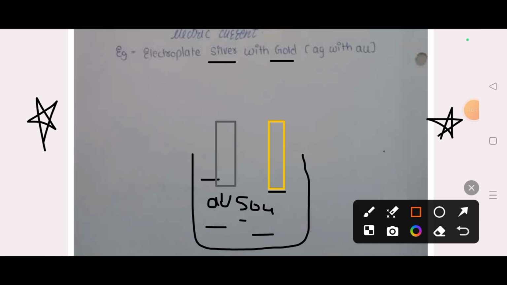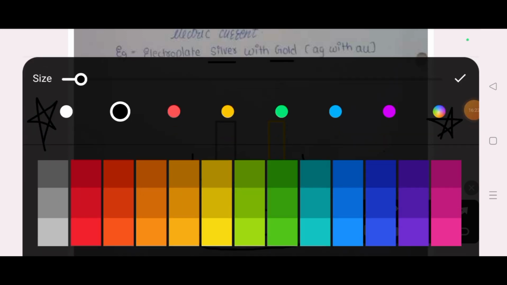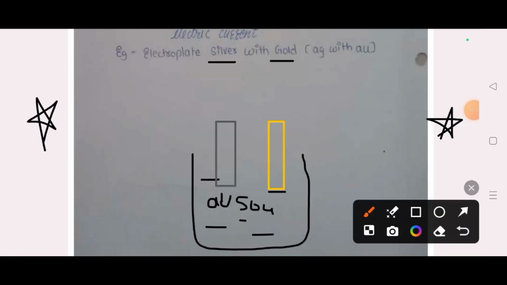Now see, one of the most important things is this. This Au is positive. As I told you, the first metal is always positive, and SO4 is always negative. So Au is positive, SO4 is negative. Now Au means gold, and you have to deposit this gold on silver.